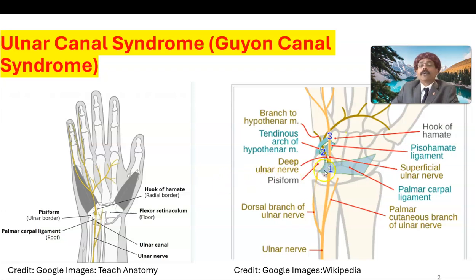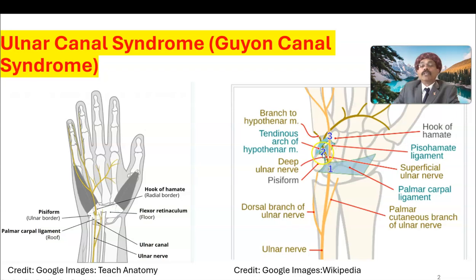Depending on the site of injury, the presentation varies, and the lesion to the nerve supply of the muscle also varies. The superficial branch is this, and if it is damaged here, then both the deep branch, which supplies the muscles, and the cutaneous sensation may be affected.